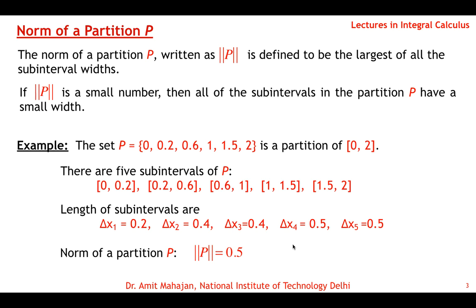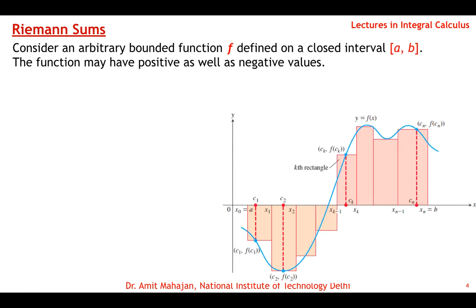Now once we know this, we can define what we mean by Riemann sum, okay. So consider an arbitrary bounded function f defined on a closed interval [a, b], okay. So let this blue be a function f which is defined from a point a to a point b, okay.